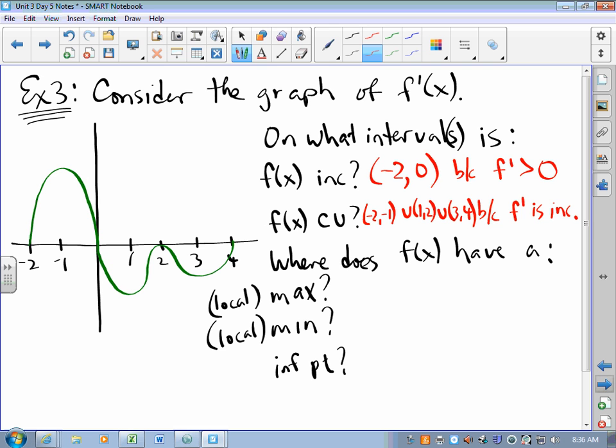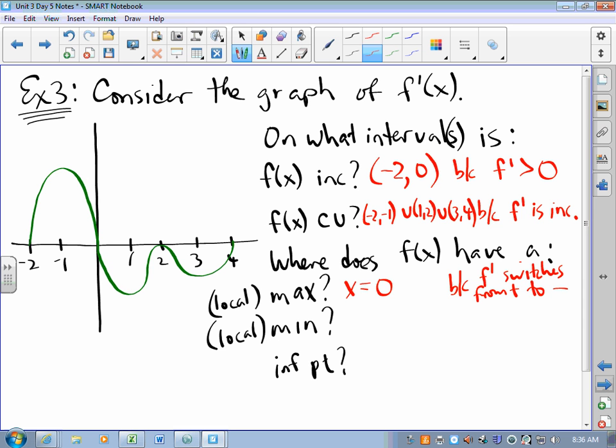Where does f have a local max? f has a local max where f prime switches from positive to negative. So where does f prime switch from positive to negative? That happens at x equals 0.